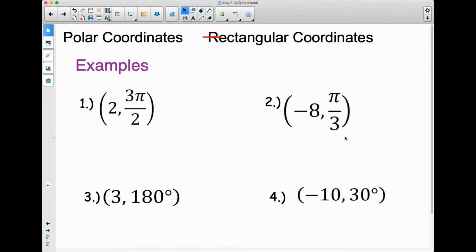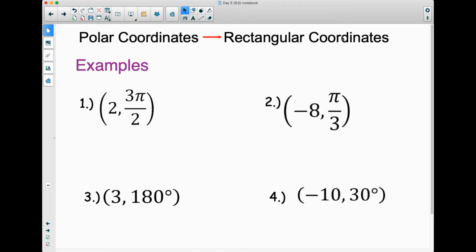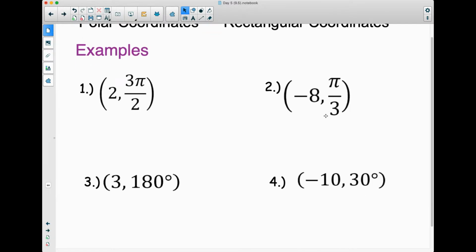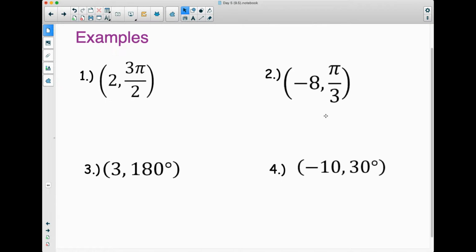So then let's look at the ordered pairs. And that's our last slide too. So we are going from polar to rectangular. Some of these, by graphing them, you can get your answer pretty quickly, but not all the time. So I'm going to show you how to find it both graphically and using the other key equations that we were playing with earlier.